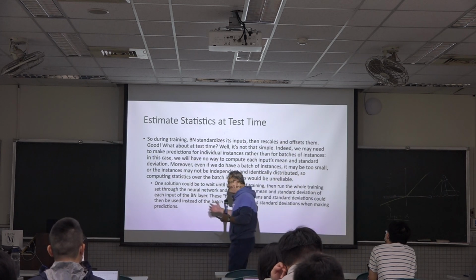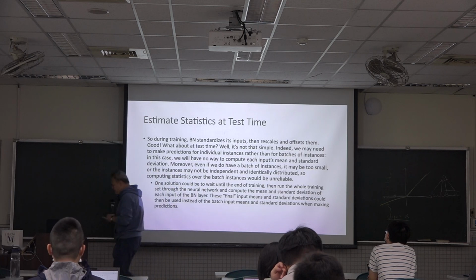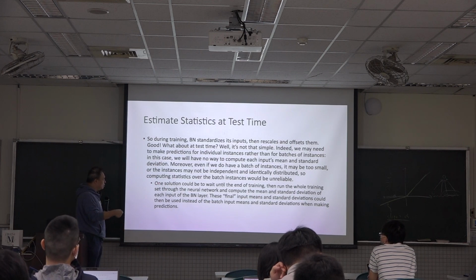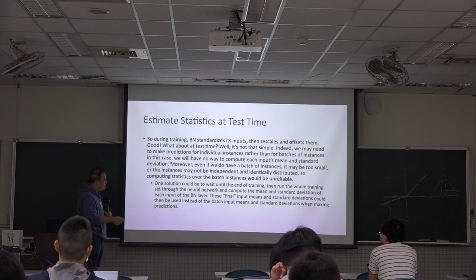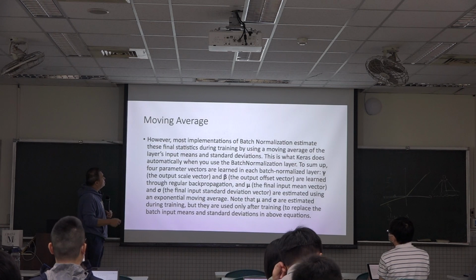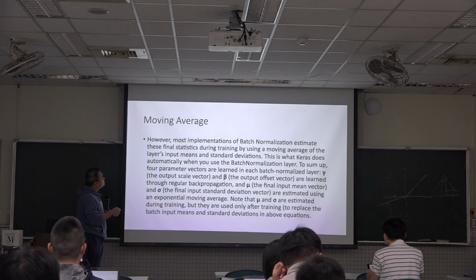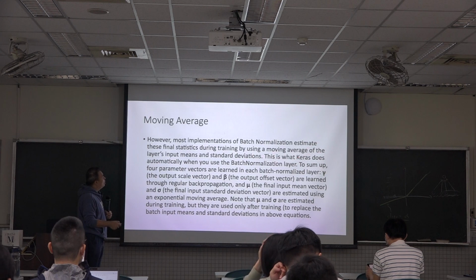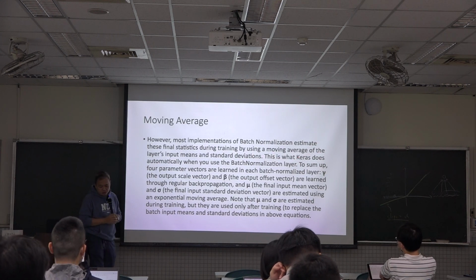This is one way. But this is not used in most situations. In most situations, we use a moving average to estimate the final statistics during training. What is moving average?